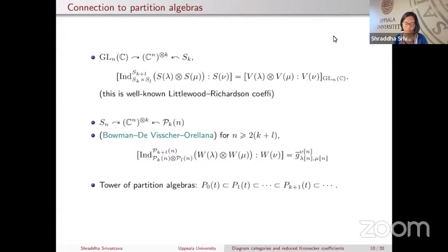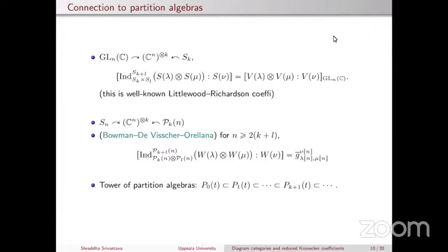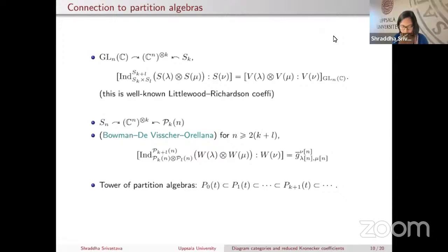So the partition algebras. N bigger than or equal to 2 times K plus L will ensure that these partition algebras are semi-simple. Actually, maybe I should have said, if I want all of them to be semi-simple, n bigger than or equal to 2K and n bigger than or equal to 2L.